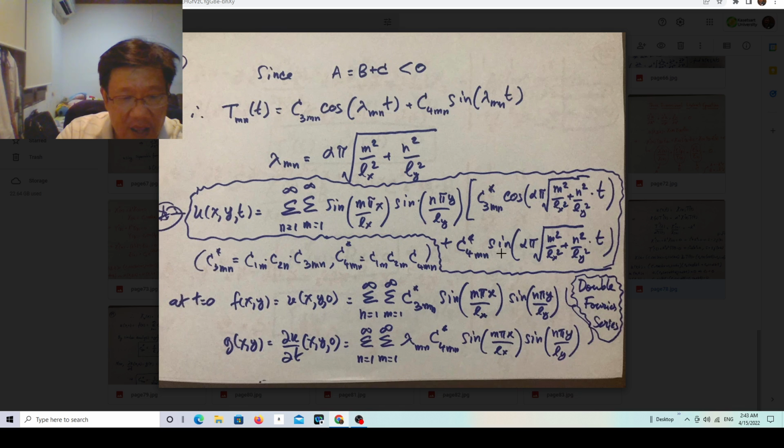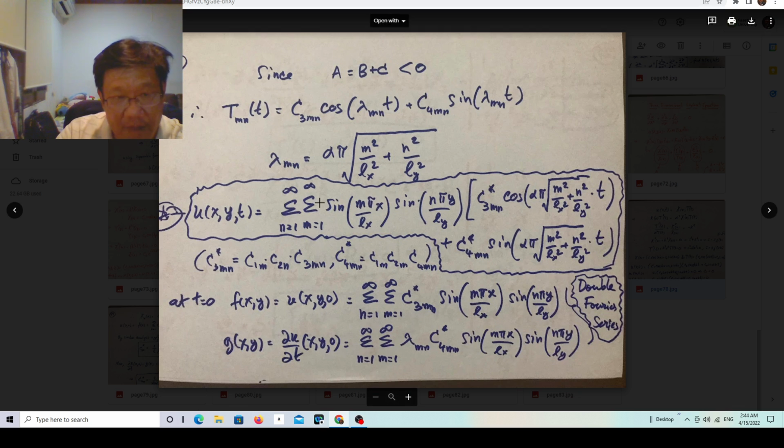And you need the last two, f of xy and g of xy, for the zero order and first order of u over the domain, which end up having this sine and sine here, c sub 3, c sub 4.